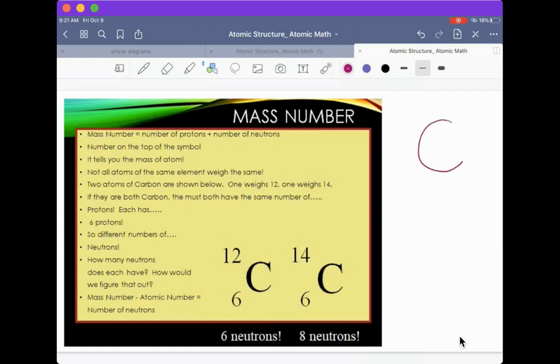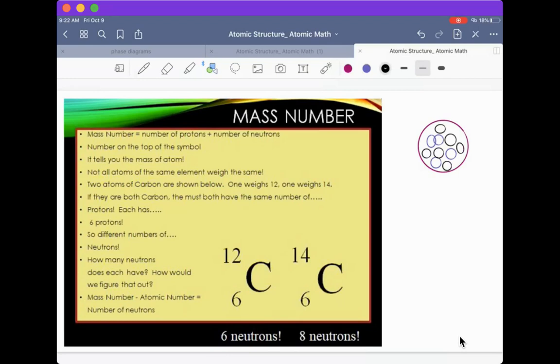So if I have a nucleus here, and let's say I have 4 protons housed in the nucleus, and I have 1, 2, 3, 4, 5 neutrons in the nucleus.